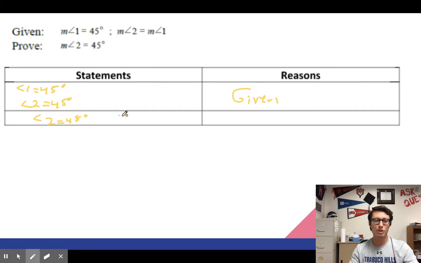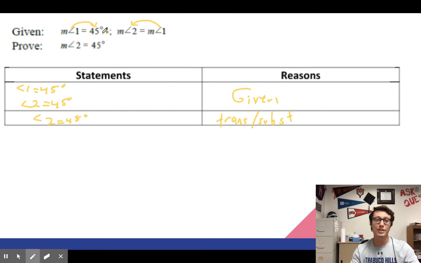Okay, so now how can we actually prove that this is true? Well, if angle 1 is equal to 45 and angle 1 is also equal to angle 2, then that there, ladies and gentlemen, is the transitive property or substitution. Think about it: angle 1 is equal to 45, and angle 1 is also equal to angle 2.